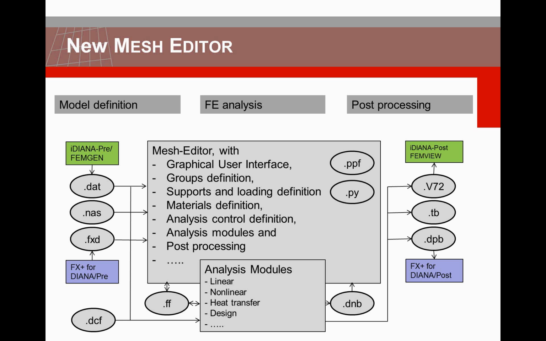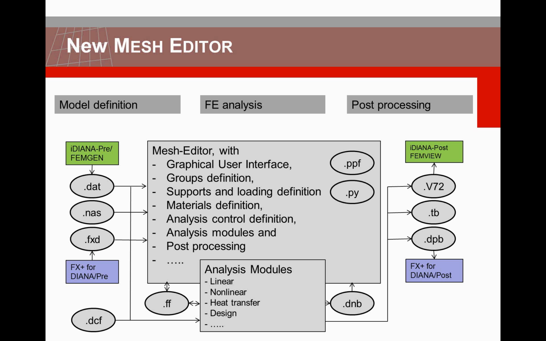These text format models are automatically integrated in the new graphical mesh editor, a new graphical user interface in which the user can modify his model, for example by group definition, or by graphically defining supports or loadings, update the material definition or completely set up the material definition, set up the analysis control, run the analysis, and we also offer in the same environment basic functionalities for post-processing.